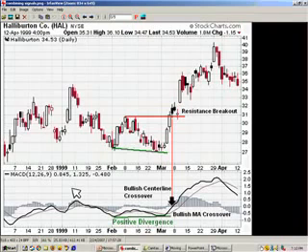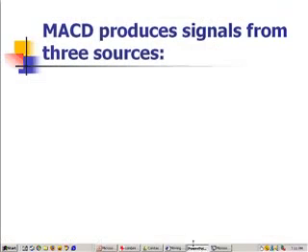They signal the move after the move has already commenced. MACD produces some lagging signals as well, but it also has some forecasting capabilities. MACD produces signals from three sources.